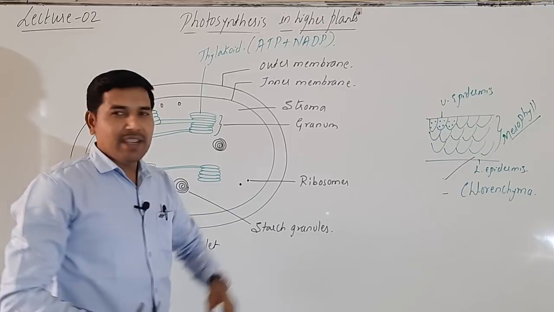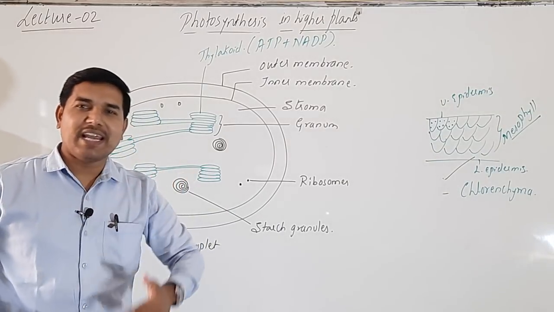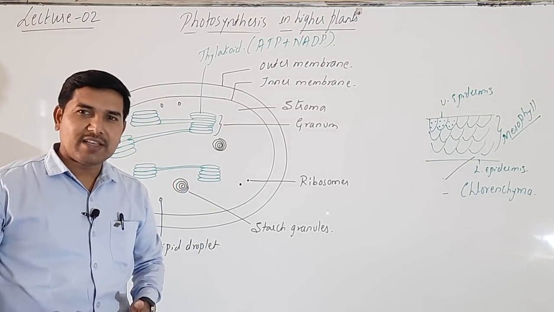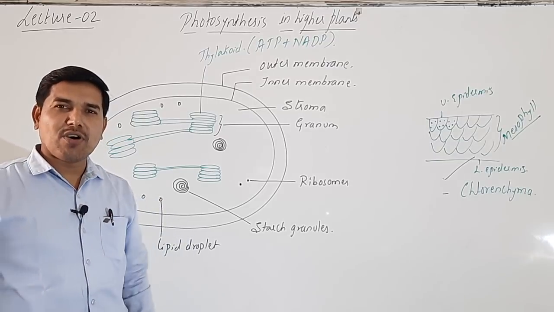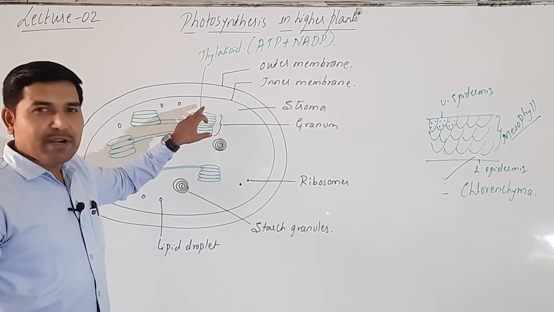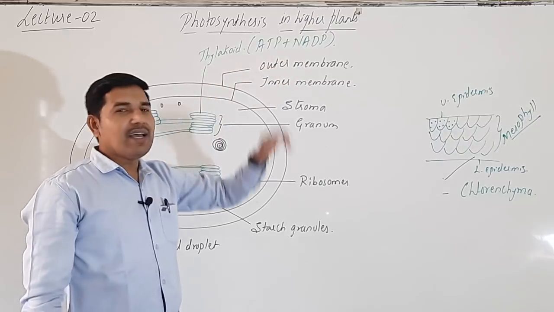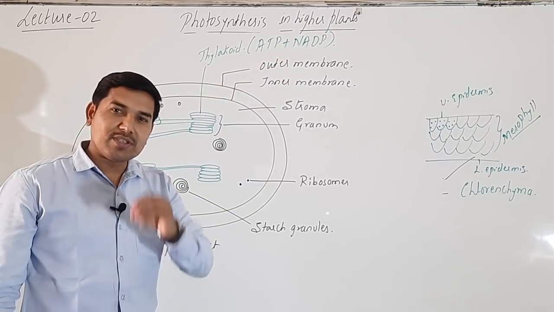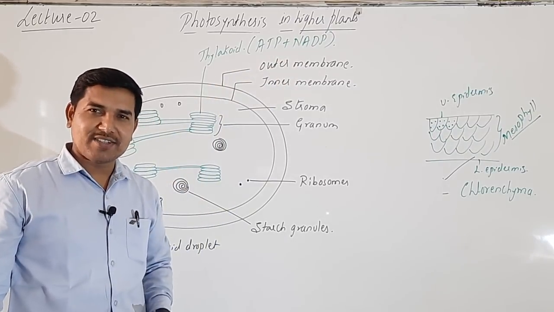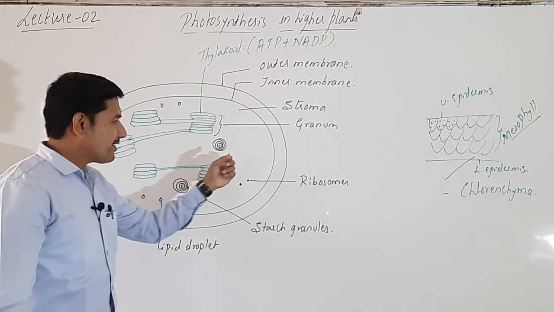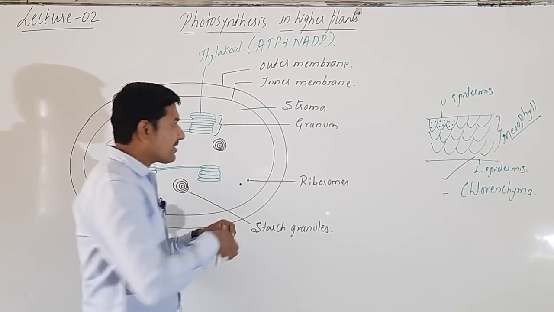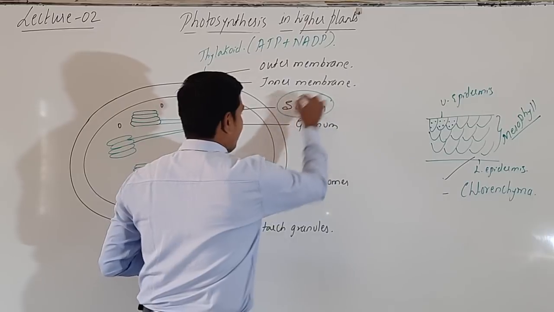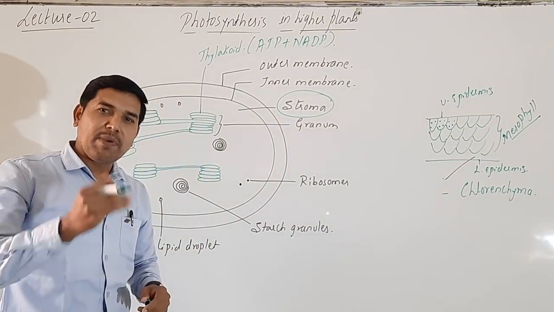ATP and NADPH are produced in the presence of light. So that's why the reactions that occur in the membrane of the thylakoid are called light reactions, because they are light dependent reactions. And the reactions that occur in the stroma are light independent reactions.